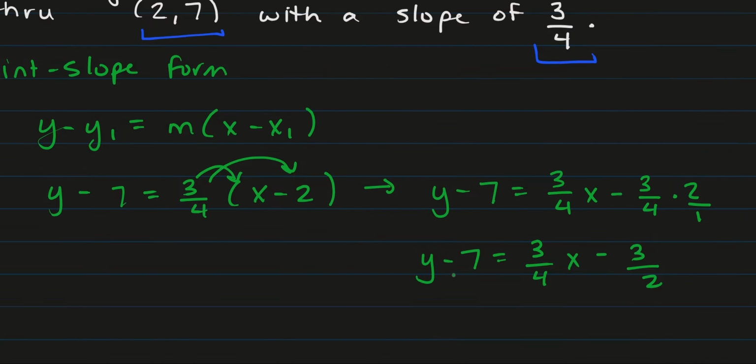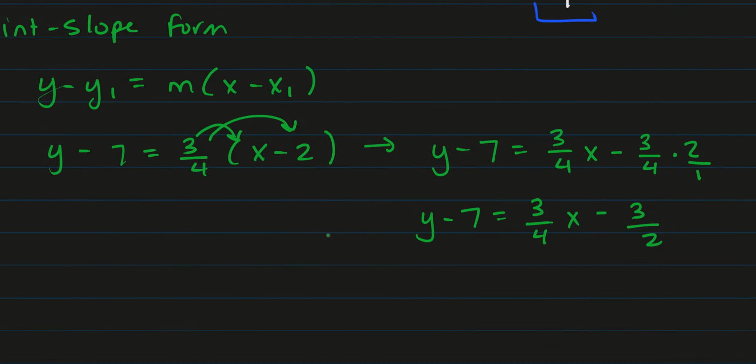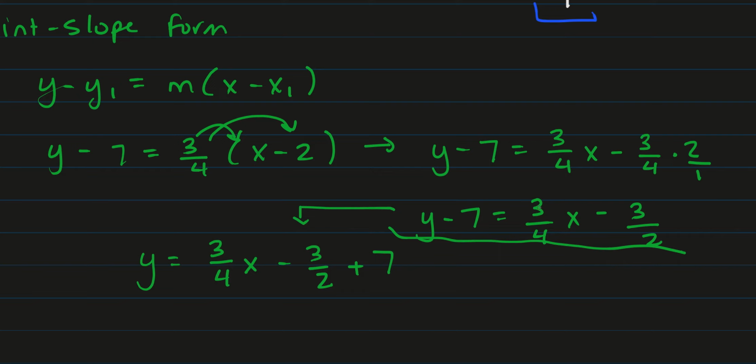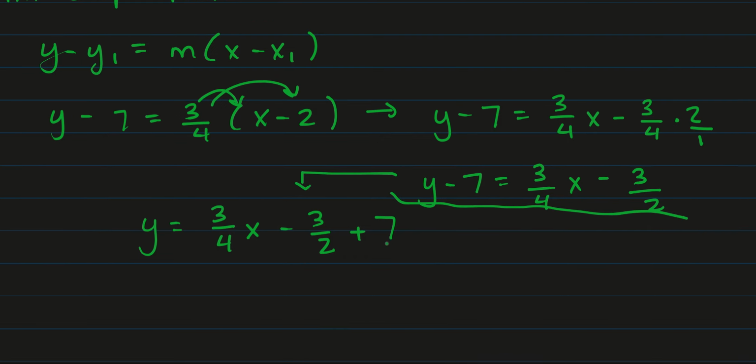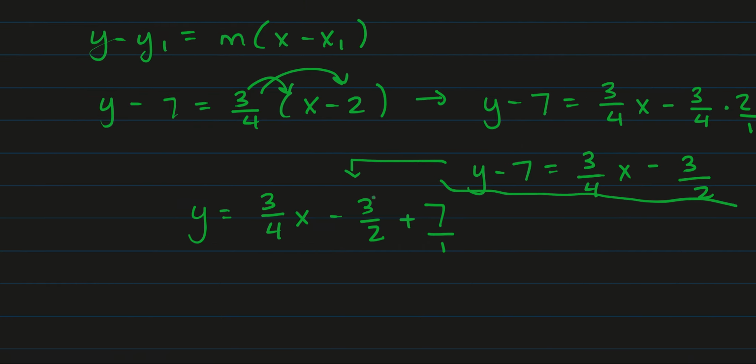I'm going to move the 7 over here, so I get y is equal to 3/4 x minus 3 halves plus 7. You see I added 7 to both sides. Now 7 is the same thing as 7 over 1. I'm doing this so I can add these two fractions together.